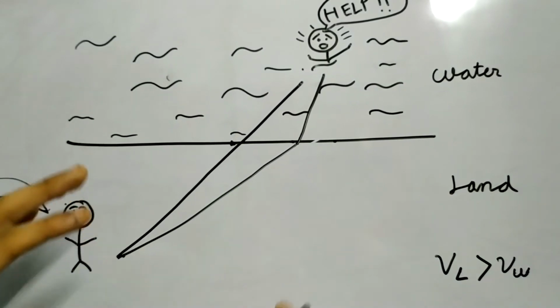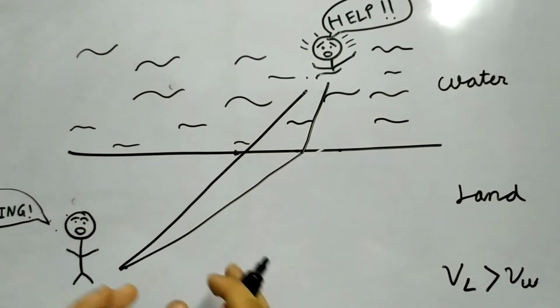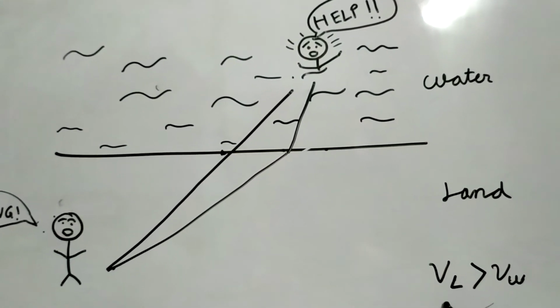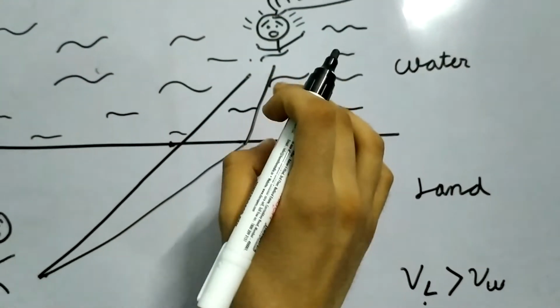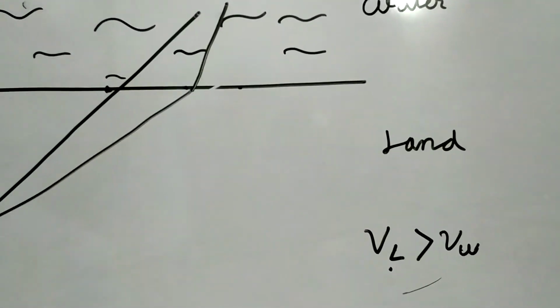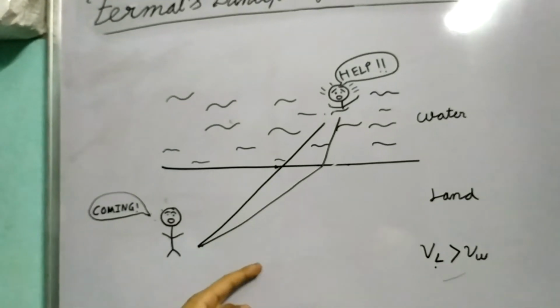Now what are you doing? You are traveling longer in a medium in which your speed is larger, and a lot less in the medium in which your speed is slower.